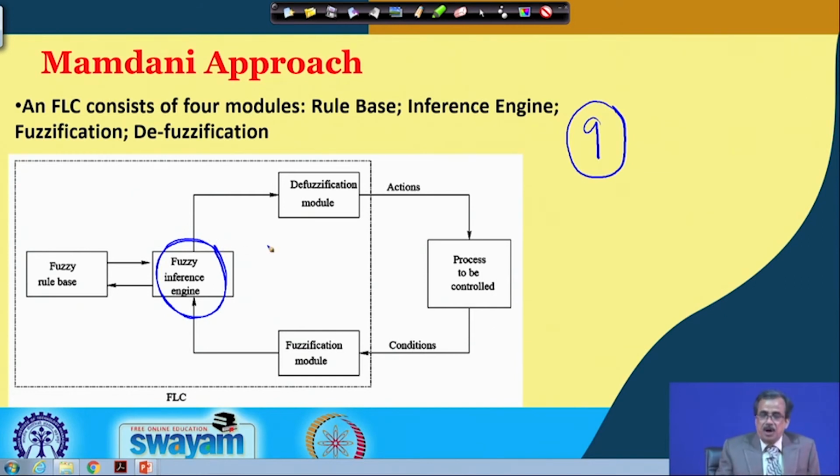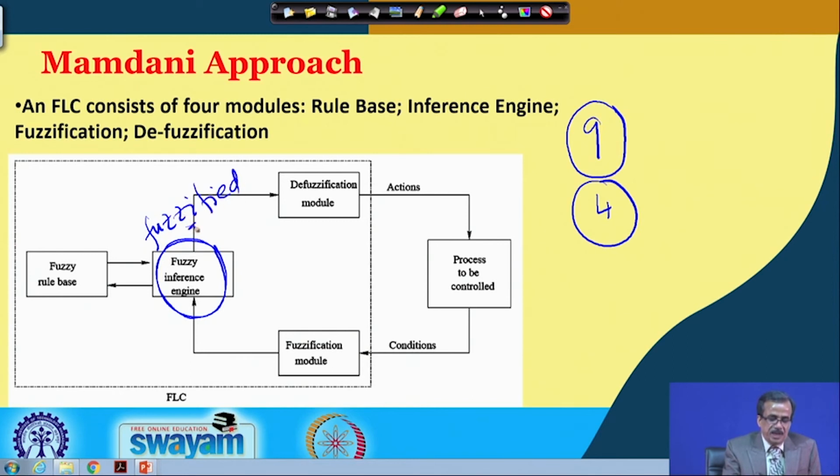Now, once you have got those fired rules, for each of these fired rules I will be able to find out what should be the output, and that I am going to discuss in much more detail. And once you have got the output of each of the fired rules, I will be able to find out one output, and that is nothing but the fuzzified output.